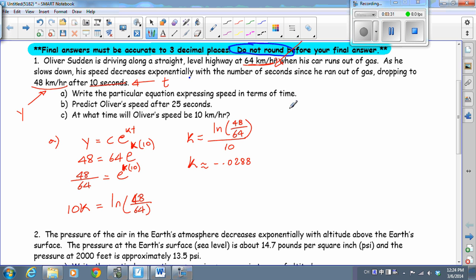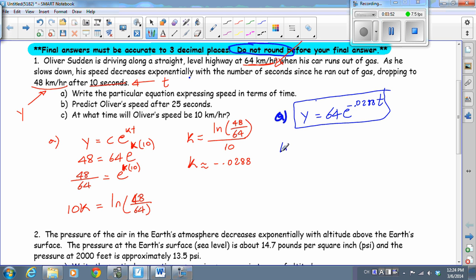So for A, again, remember we're still on A, I will say y is equal to 64 e to the power of negative 0.0288 times t.